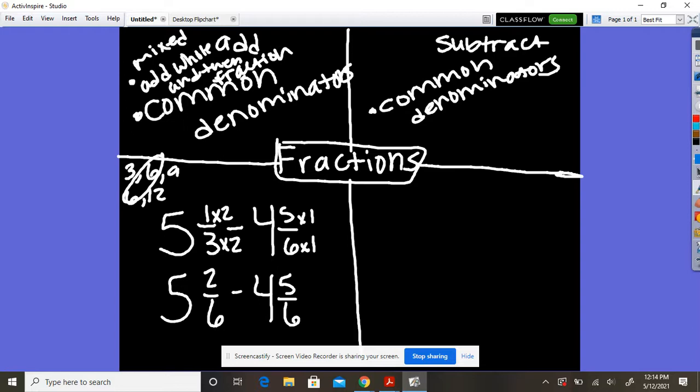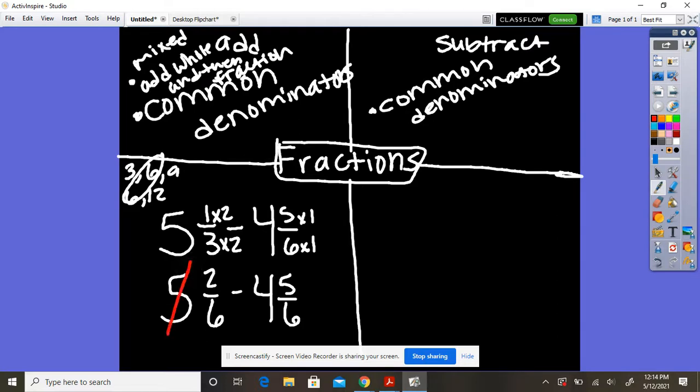So this is when we have to borrow. If you look, we have 2/6 minus 5/6. You cannot take 5 from 2. So that's when we have to go and borrow. So we have to take 1 from the 5, and so it becomes a 4 now. That 1 that we borrowed, we need to add it onto this fraction to make it where we can actually subtract the fractions. So I'm adding 1 to this 2/6, but I'm going to write it as adding 6/6, because 6/6 is the same as 1.